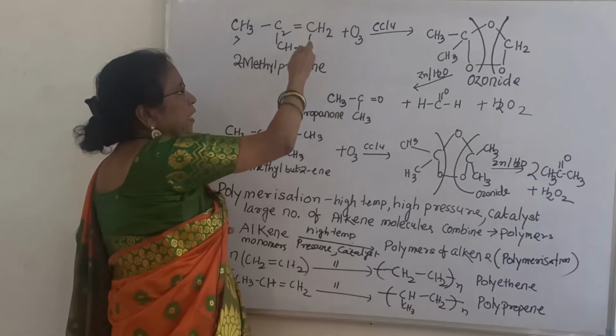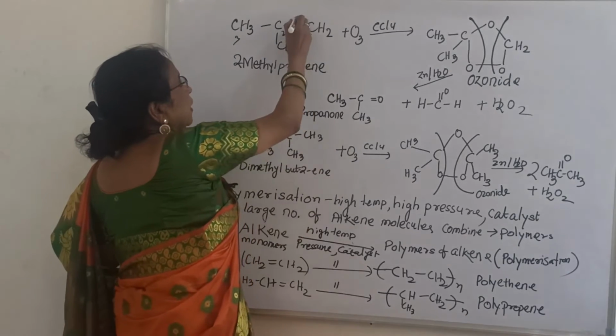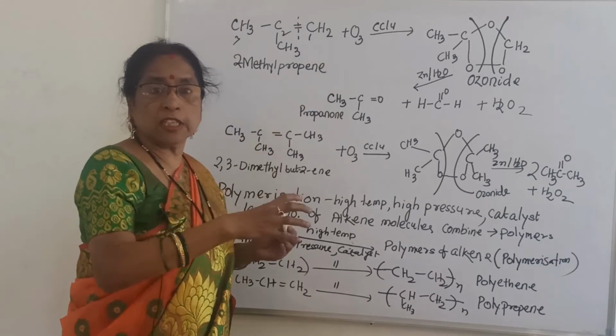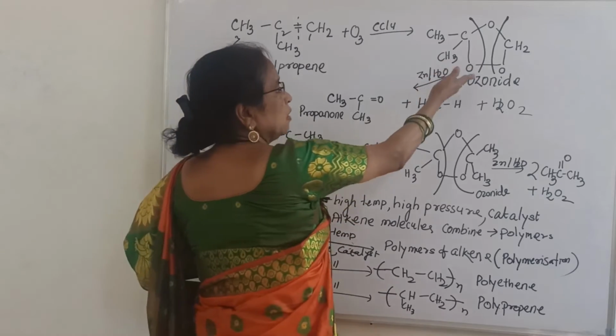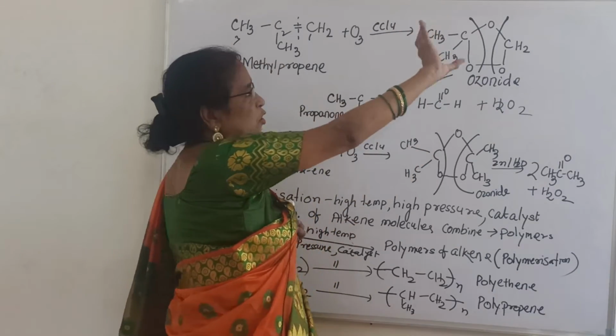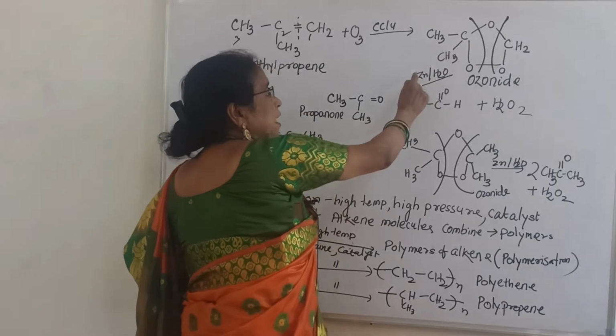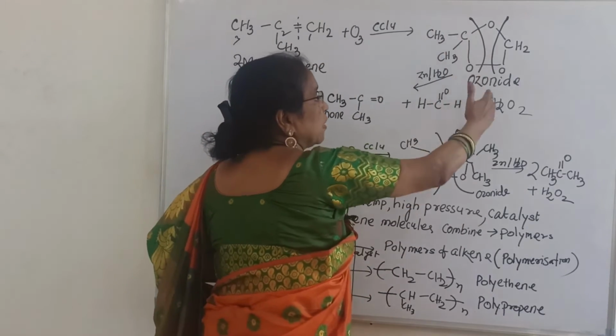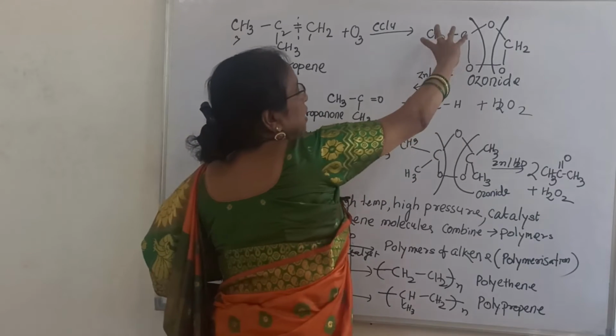The bond will break here, and here ozone is added, 3 oxygens are added: below side 2 oxygens, above 1 oxygen. Now after treating with zinc and water, it will break like this. When it breaks, what is the product you see?